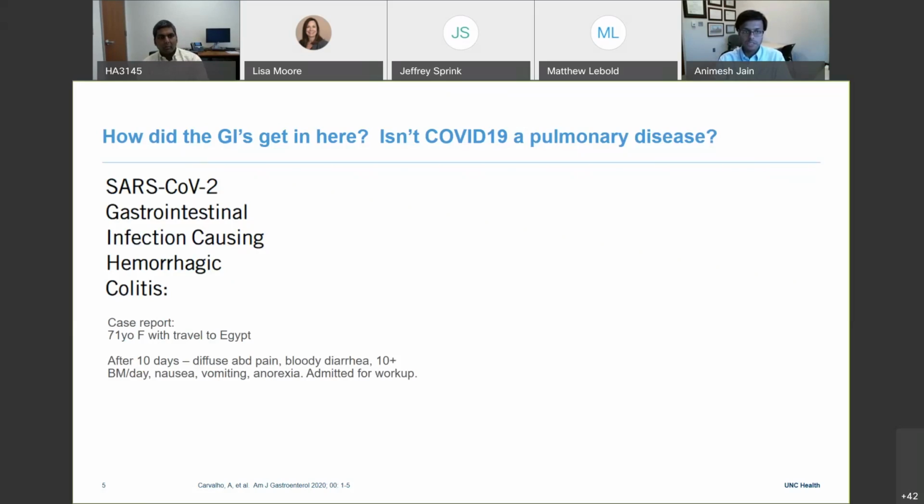If I had been seeing this patient in my clinic or in the hospital here, I would be worried, 70-year-old with bloody diarrhea and abdominal pain, maybe about ischemic colitis, perhaps rarely Crohn's disease or ulcerative colitis, certainly infectious colitis like E. coli or salmonella, and I'd probably admit her and work her up for those things.